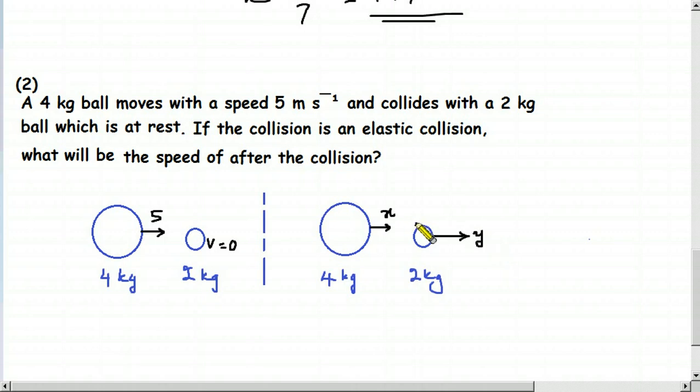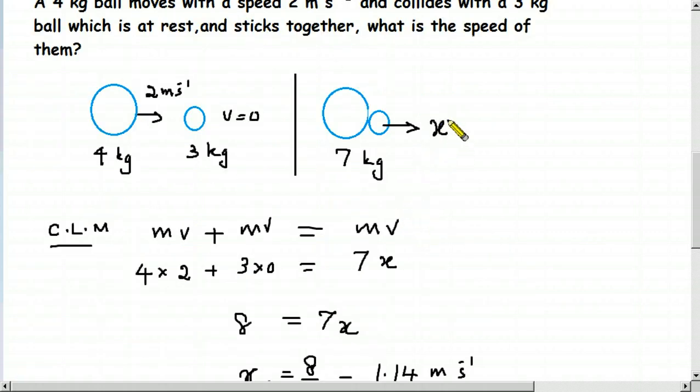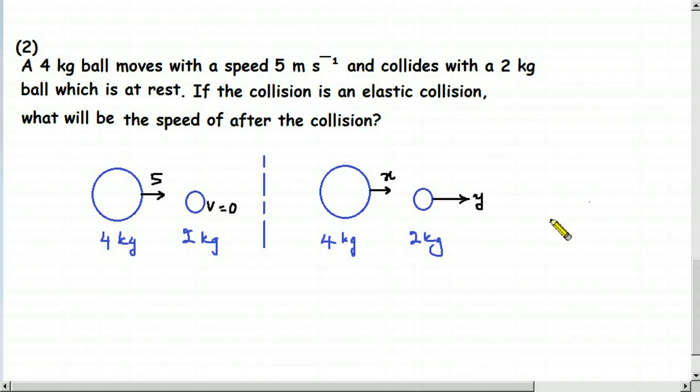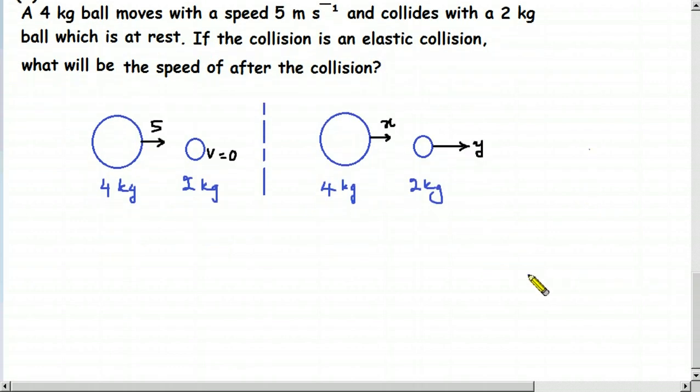So here there are two variables we don't know, but in the earlier problem there was only one variable, so it was easier. Now it is a little bit difficult, actually it is difficult. However there is a method, and if you know the method it is not difficult. If you remember the method it is easier.